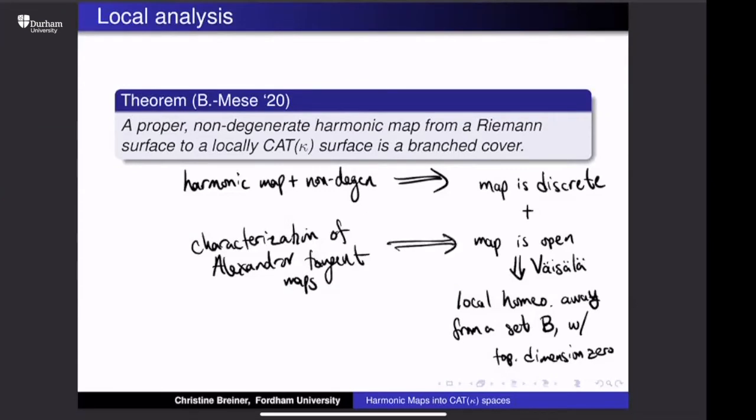We need them to be non-degenerate, because if they weren't, we'd end up with the collapse along a ray as our characterization. So this is a different notion of tangent map. And this is where we actually had to use the surface hypothesis. I'll say a few things about that on the next few slides.